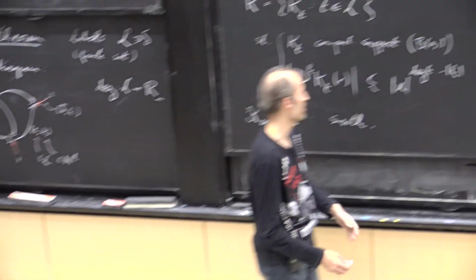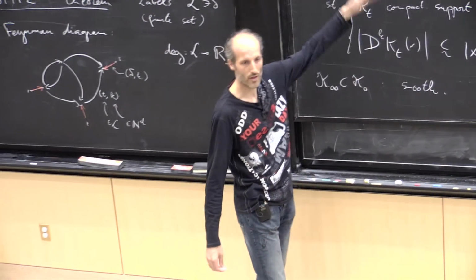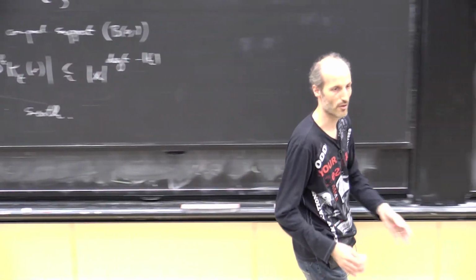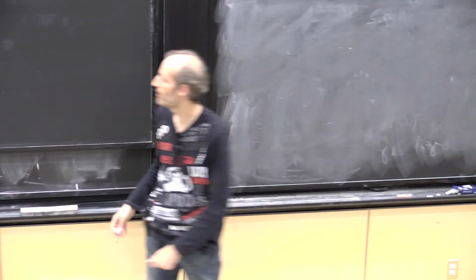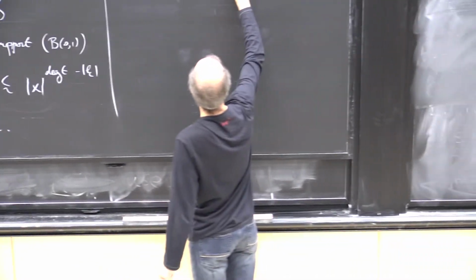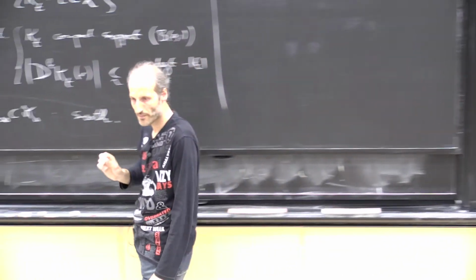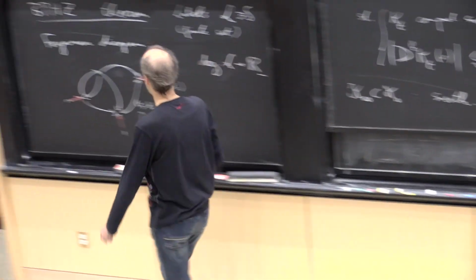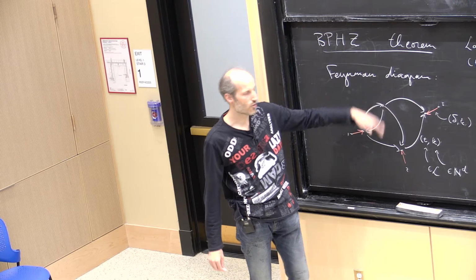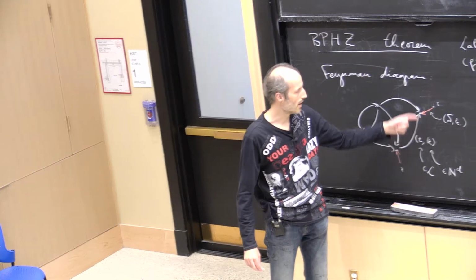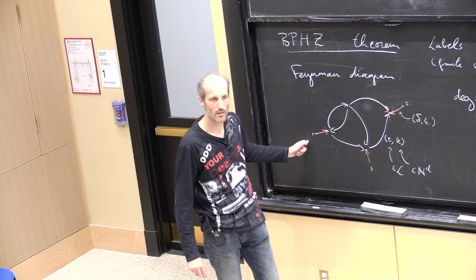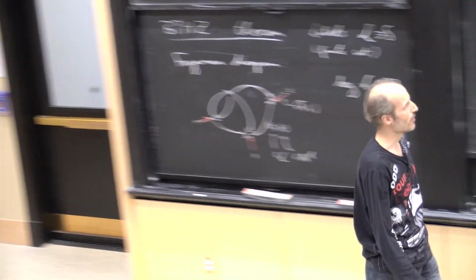So it's just similar functions, but they're smooth everywhere instead of everywhere except at the origin. And now if I take such a smooth one, then I can associate to each Feynman diagram a distribution in as many variables as there are legs here, in the following way.